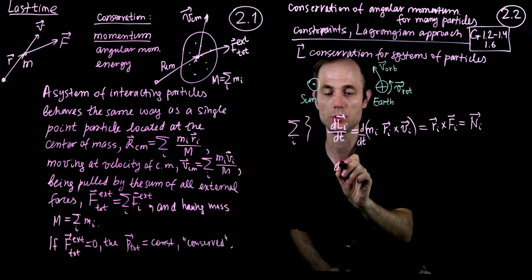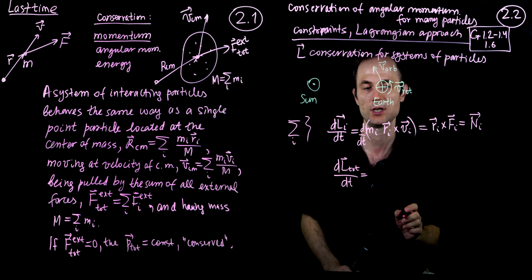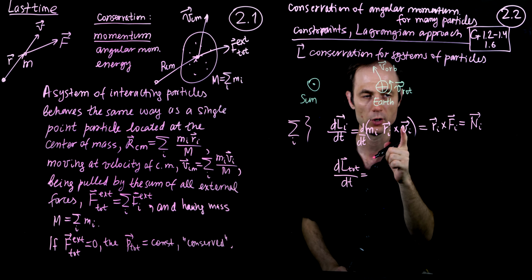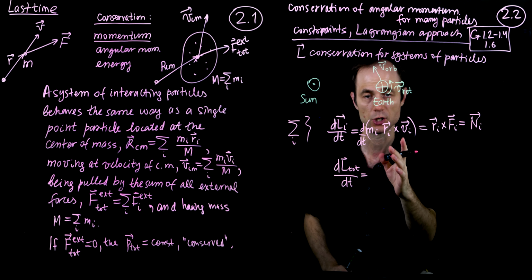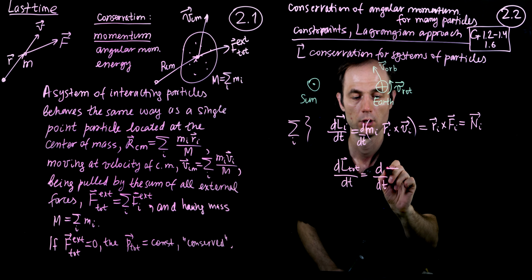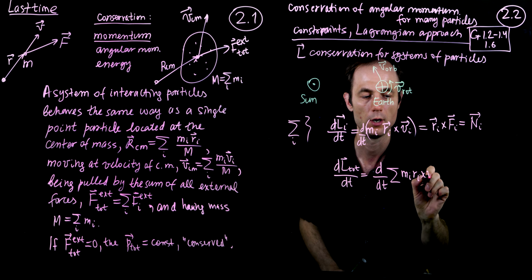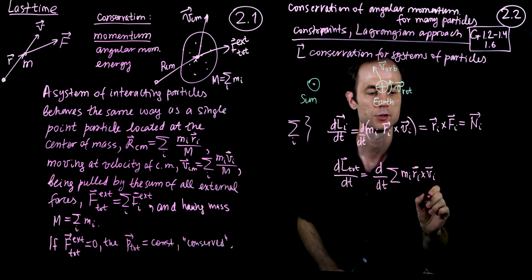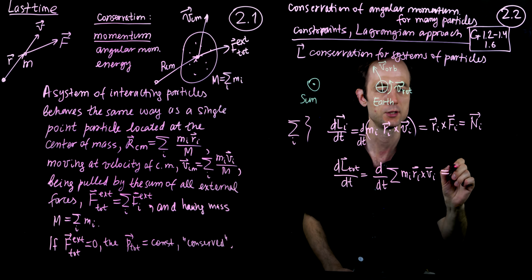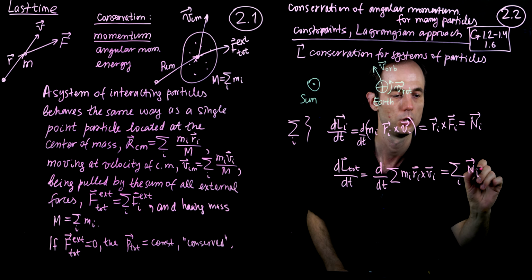So here we're going to get dL total/dt on the left-hand side, which is the summation of m_i r_i cross v_i. And on the right-hand side, we're going to get the total torque.